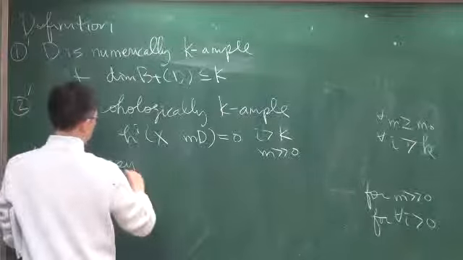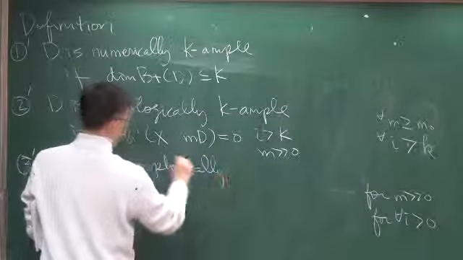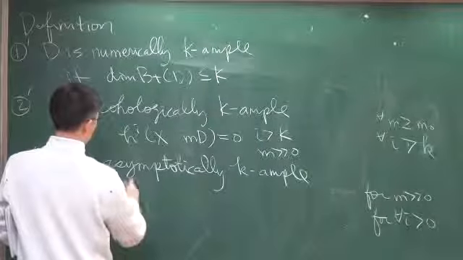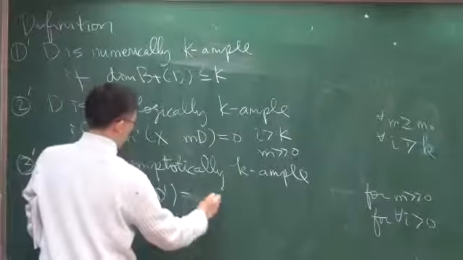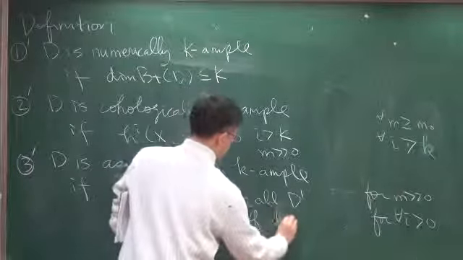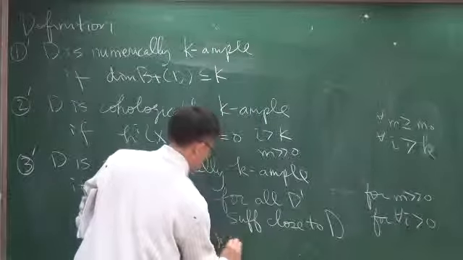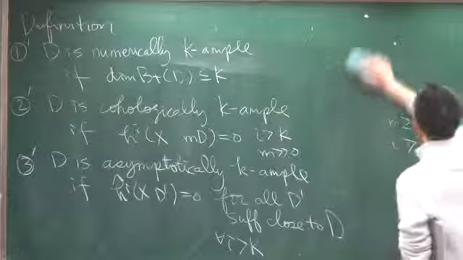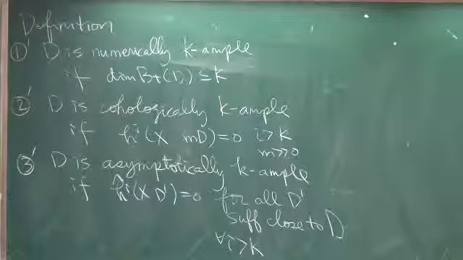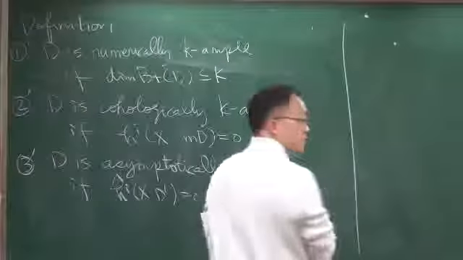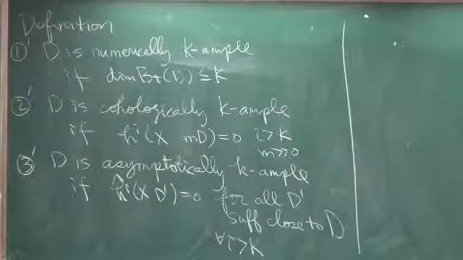Three: D is asymptotically K ample if H^i hat(X, D') is 0 for all D' sufficiently close to D, for any i greater than K. This is characterized as asymptotically zero.